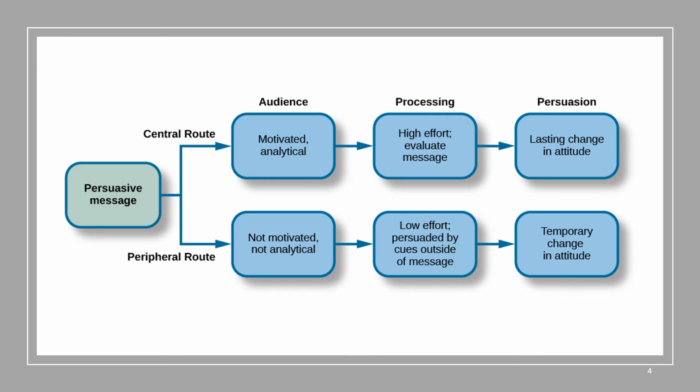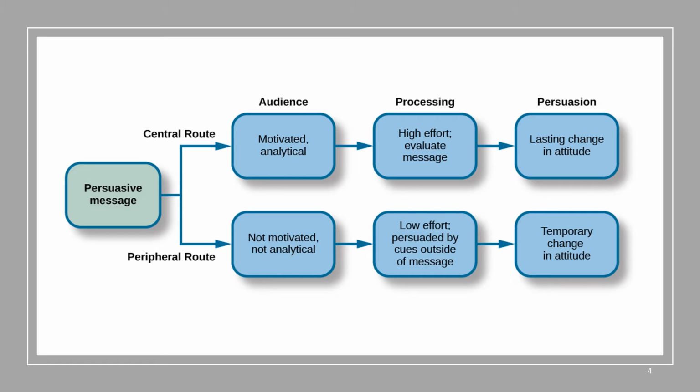It can only happen when the receiver has both the motivation and the ability to think about the message and its topic. If the listener doesn't care about the topic of the persuasive message, then they'll almost certainly lack the motivation to do central processing. On the other hand, if the listener is distracted or has trouble understanding the message, then they'll lack the ability to do central processing.